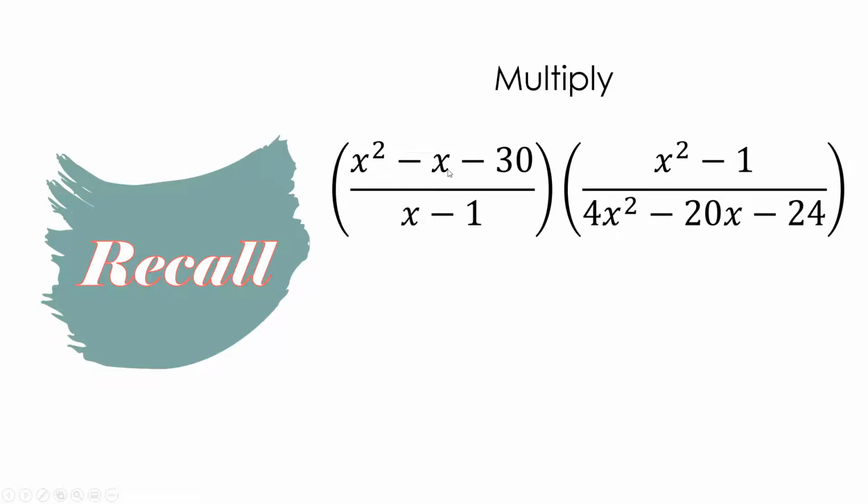So x squared minus x minus 30. The concept is, what would be the two numbers that if we multiply, the answer is negative 30, but if those numbers are added, the answer must be negative 1? I repeat, what are the two numbers that if we multiply, the answer is negative 30, and if we add those numbers, the answer is negative 1?